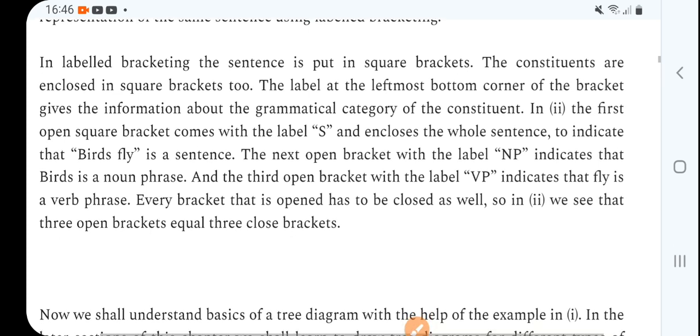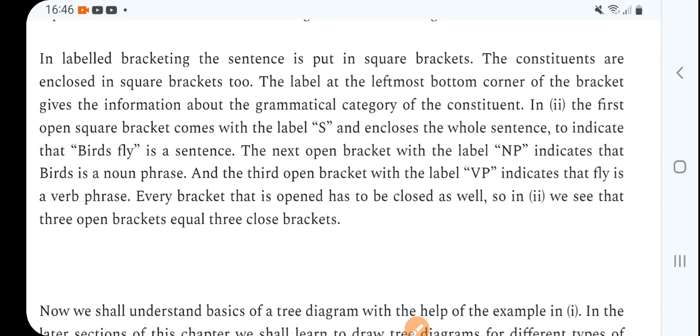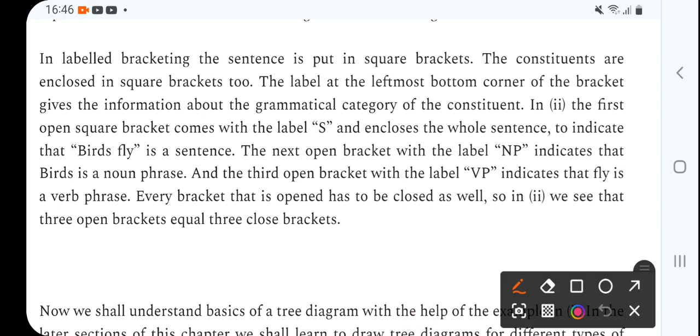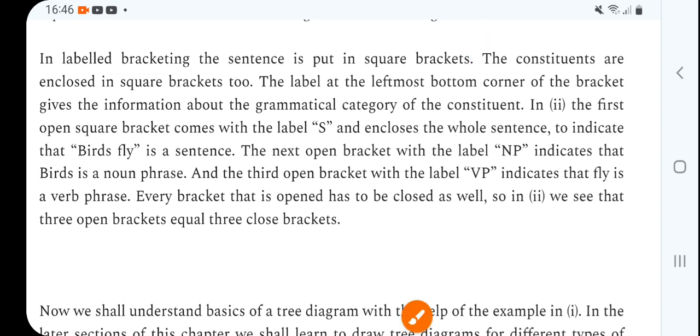In labeled bracketing the sentence is put in square brackets. First of all, the sentence is put in a square bracket, and then the constituents are enclosed in square brackets too.